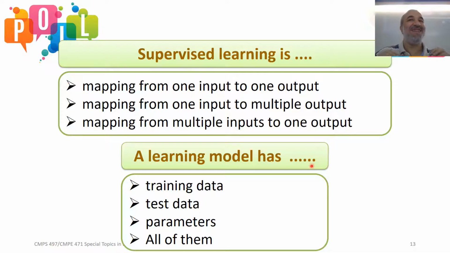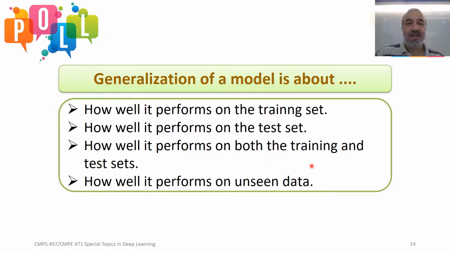Please think before you answer. Generalization of a model is about how well it performs on the training set, how well it performs on the test set, how well it performs on both, or how well it performs on unseen data. Who says the first one?